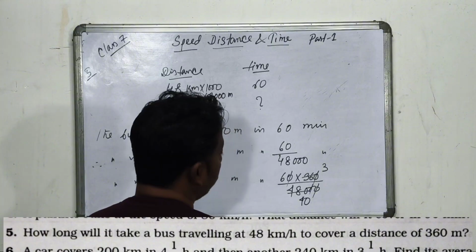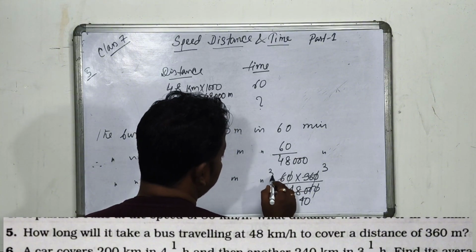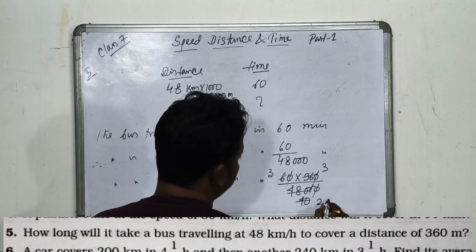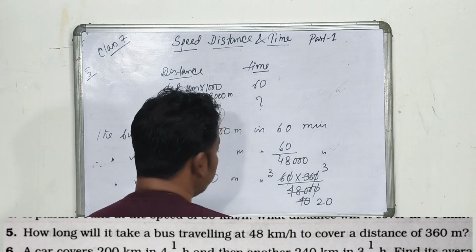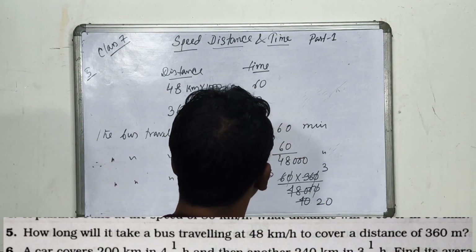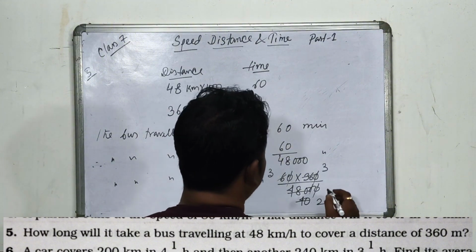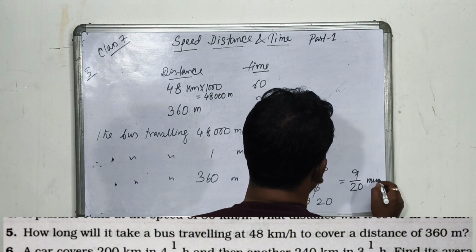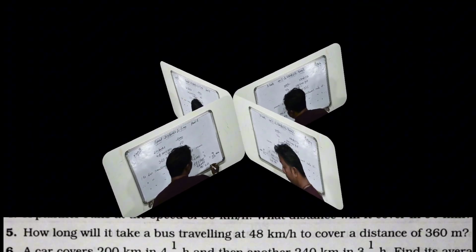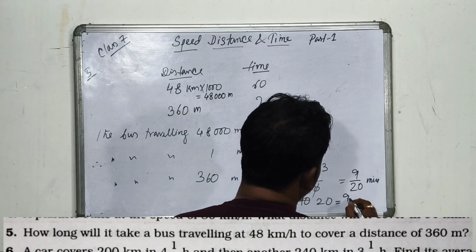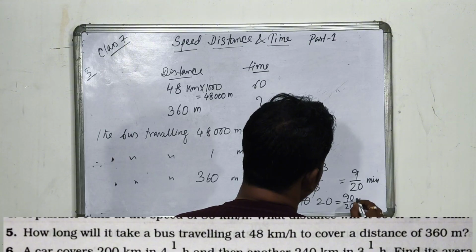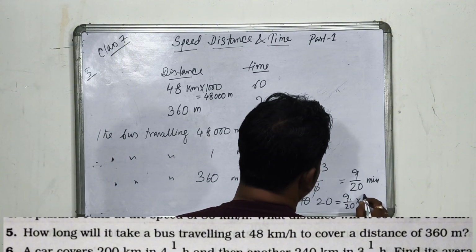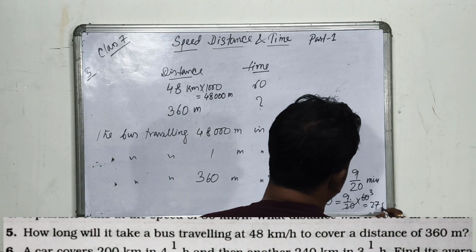Okay, that is 9 by 20 minute. Okay. So if you convert into second, that is 9 by 20 into 60, 27 second.